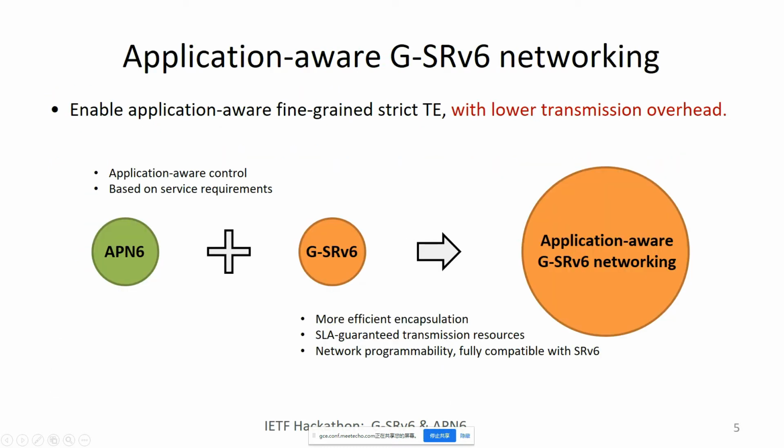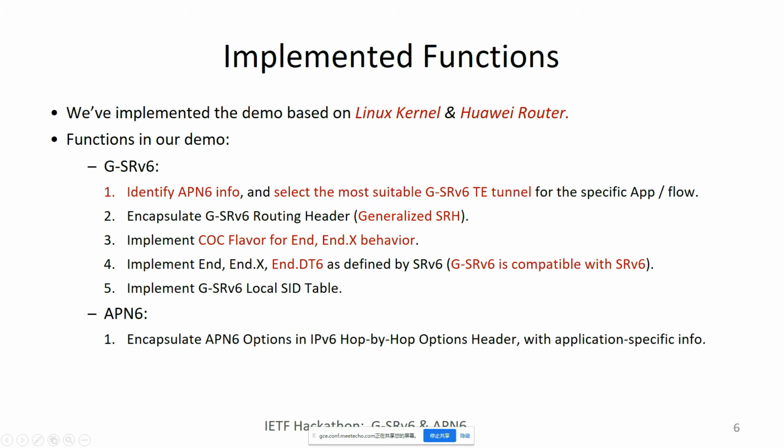Okay, based on G-SRv6 and APN6, we present application-aware G-SRv6 networking. It combines their advantages to enable application-aware, fine-grained strict TE with lower transmission overhead. In this hackathon, we implement a demo for it based on Linux kernel and Huawei router.